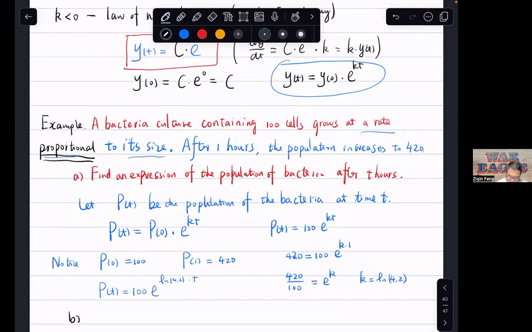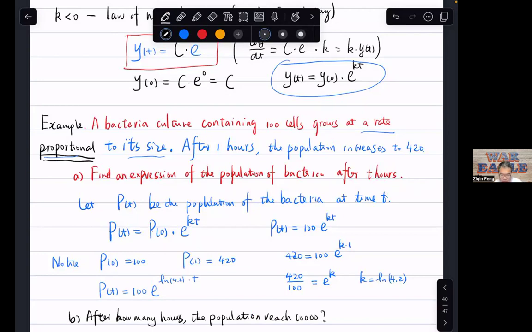Let's write down the second question here. After how many hours does the population reach, let's say, 10,000, right? So that's the question here.